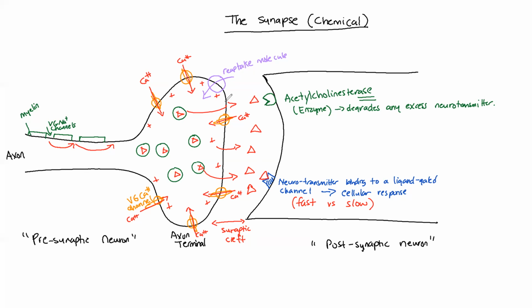So there's no such thing as reuptaking it too much, but we do have instances where there's not enough neurotransmitter, and by blocking these, we can allow that neurotransmitter to linger at the junction for a longer period of time. And myasthenia gravis is an example that we will speak quite a bit about as a clinical example.